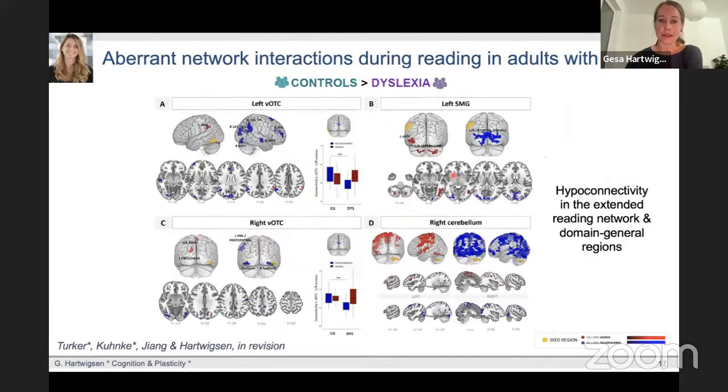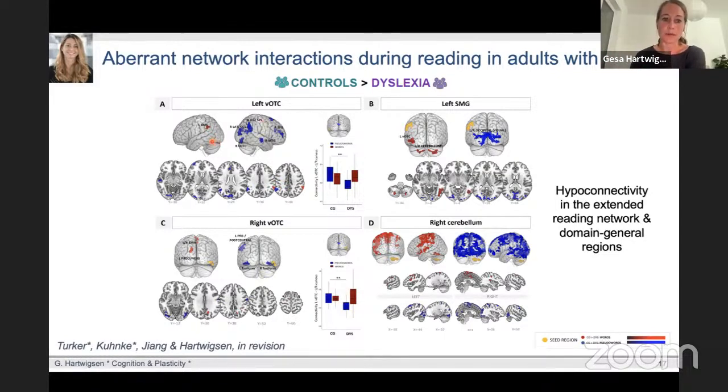And after that, we were interested in the connectivity pattern. So we used the signal from all the regions where we had less activity as seed regions for connectivity during reading with the rest of the brain. And we found that all these areas also show reduced interactions during reading with many different areas in our brain.